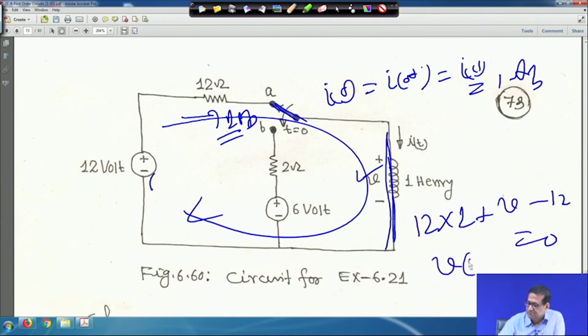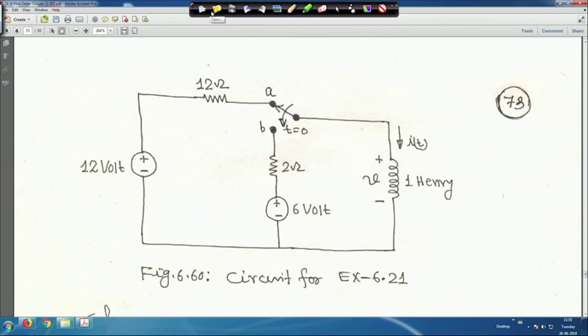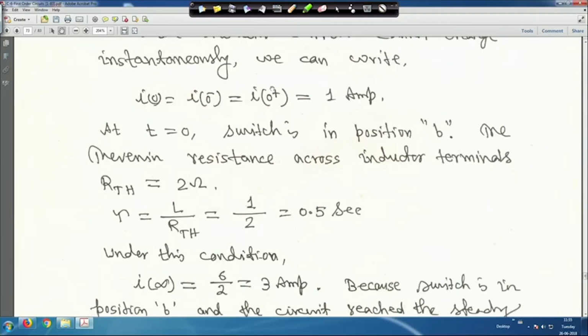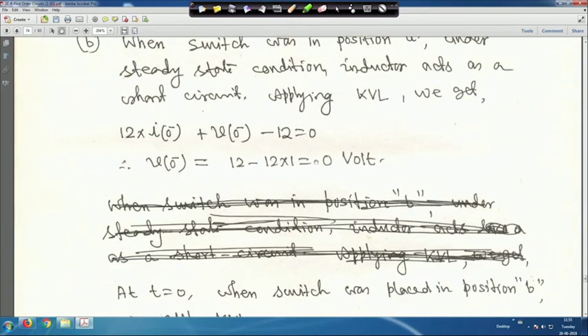That means V, which is nothing but V 0 minus, is equal to 0 volt, because at that time the switch was in position A for a long time. So, it is V 0 minus is equal to 0 volt, right. So, let me clear it. So, that is why V 0 minus is equal to 0 volt.